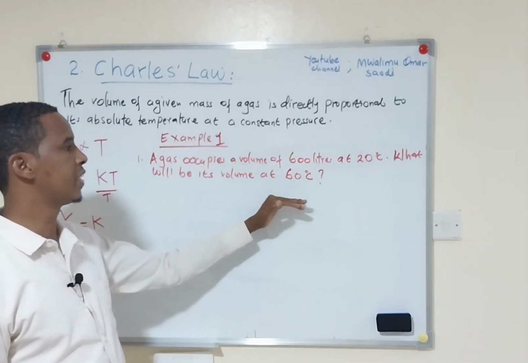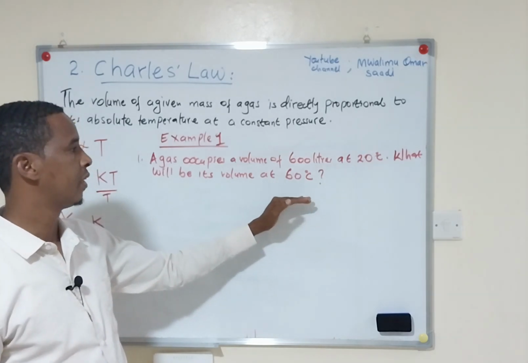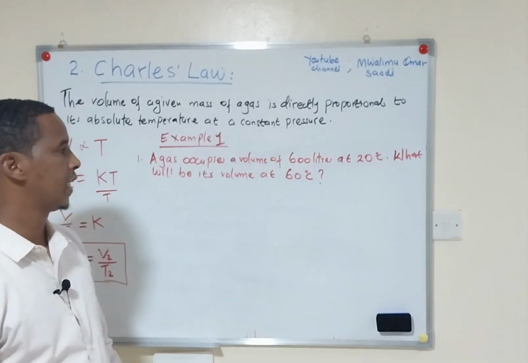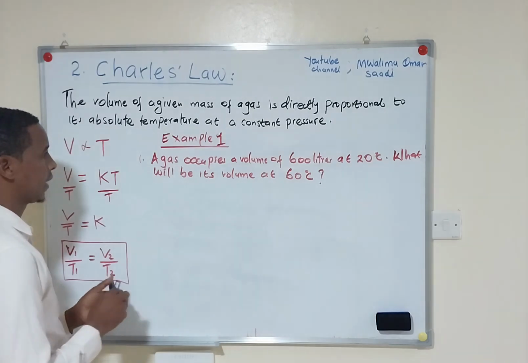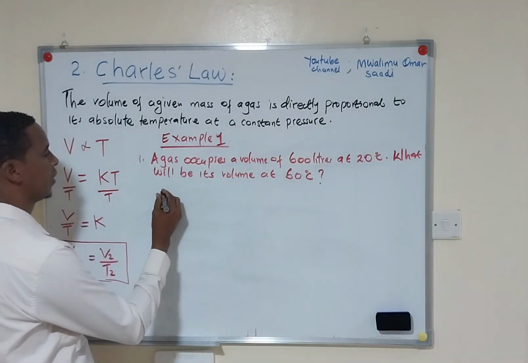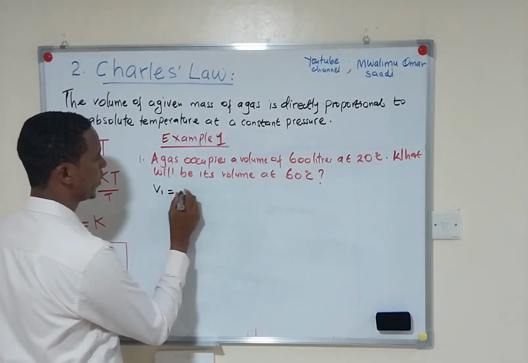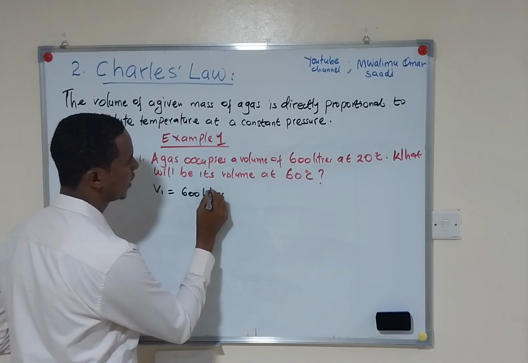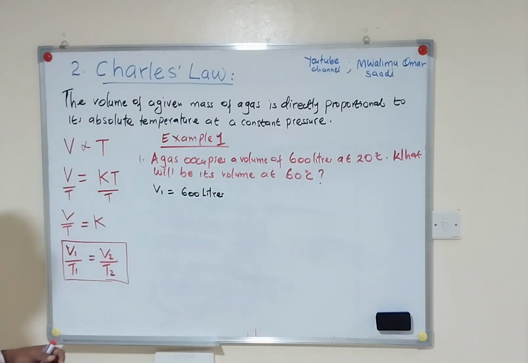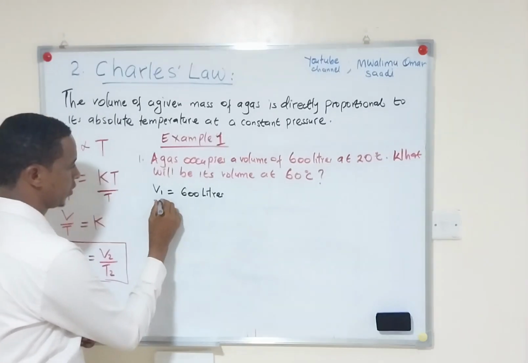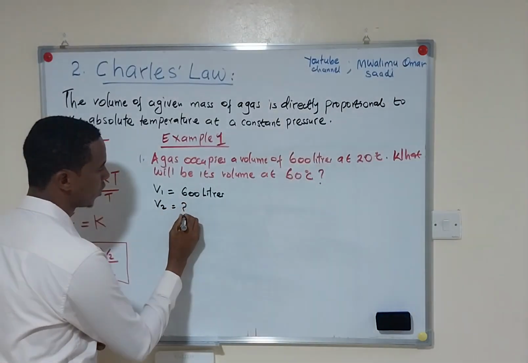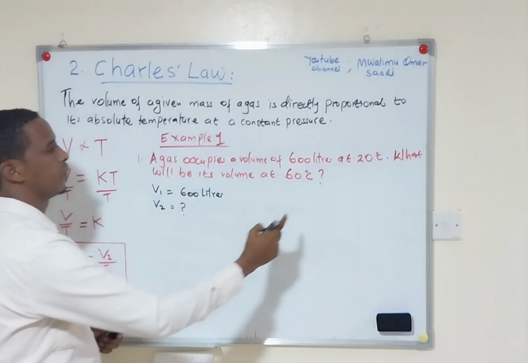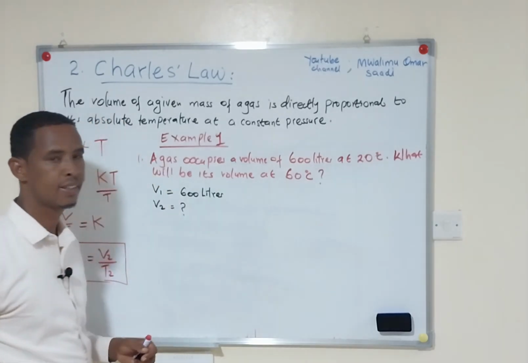So let us identify V1, V2, T1 and T2. V1, we are given 600 liters. V2, we are not given. That is what we need to find.